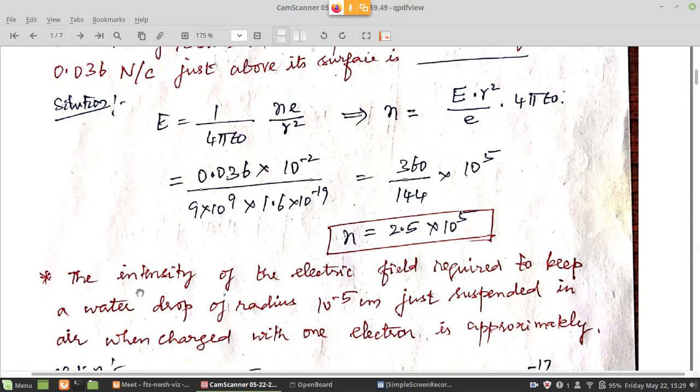Next problem, you see the intensity of the electric field required to keep a water drop of radius 10 power minus 5 centimeter just suspended in air. This idea is based on a very famous experiment of Millikan, right? The charge of the electron was first measured by an experiment by a scientist named Millikan. He measured the electron charge without actually knowing exactly what an electron is.